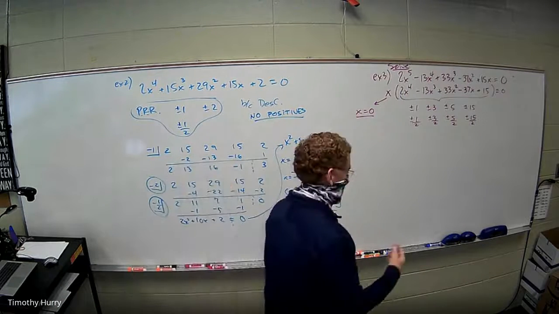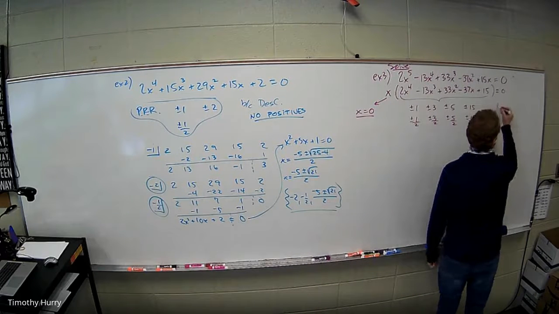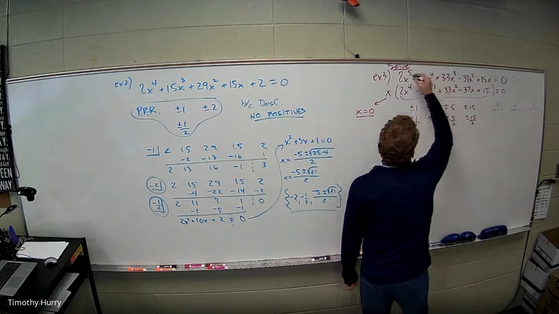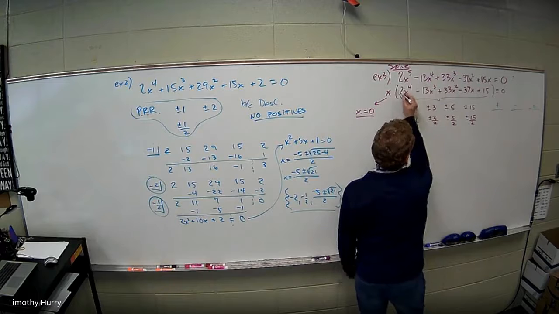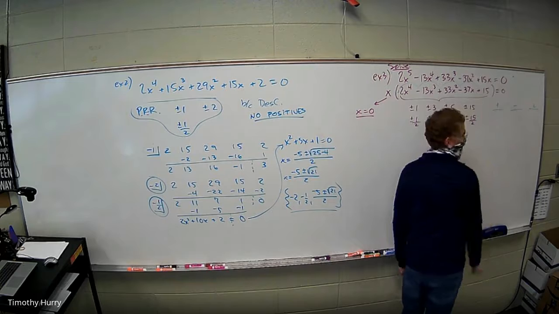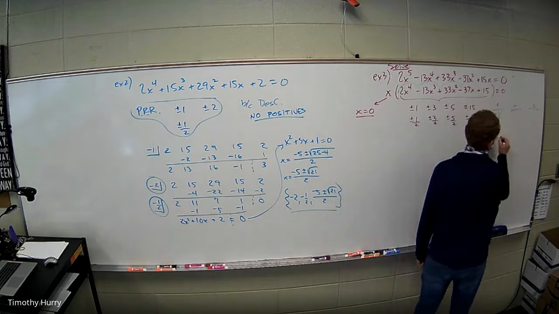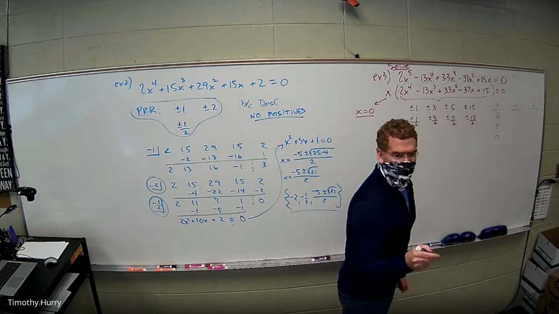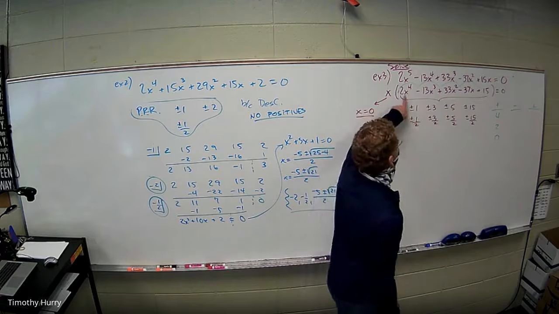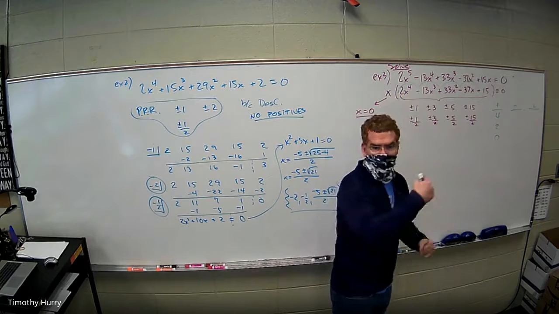If I were to do Descartes' rule, and if you recall, it was a way to determine numbers of positives, negatives, and imaginaries, right? Normally we checked the sign changes. Working on this part right here, that would be 1, 2, 3, 4 sign changes. That's a lot of possible positives. Then how did I check for negatives? I plugged the negative in for every x, simplified, and counted again.